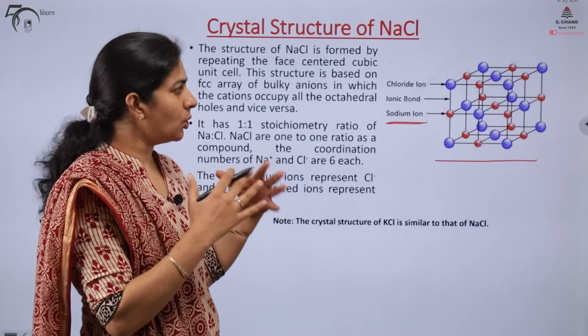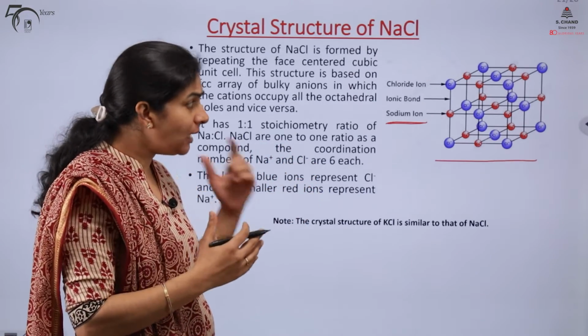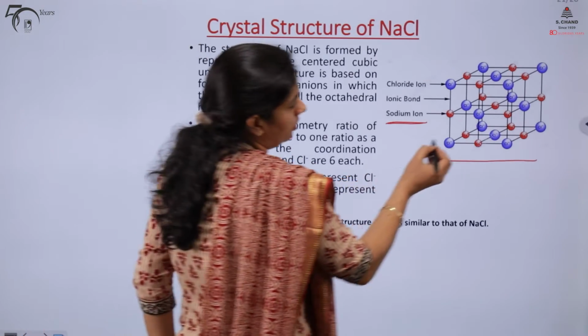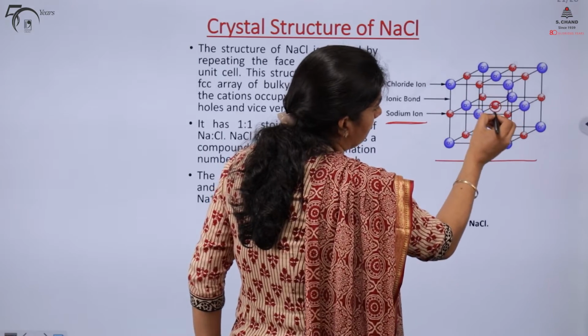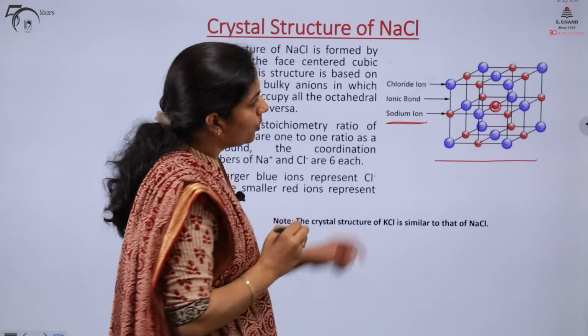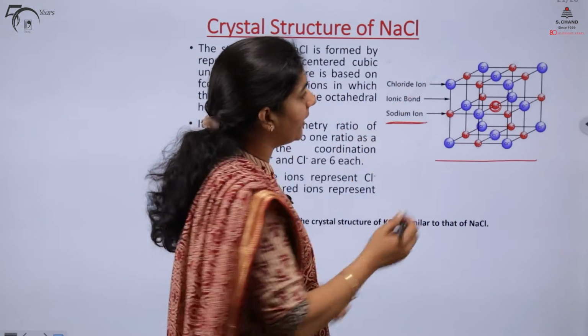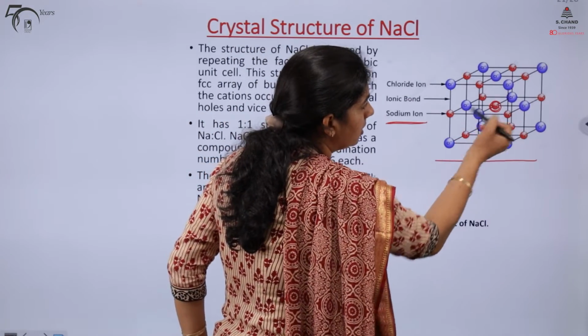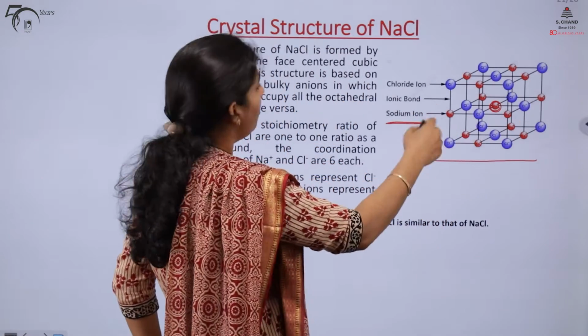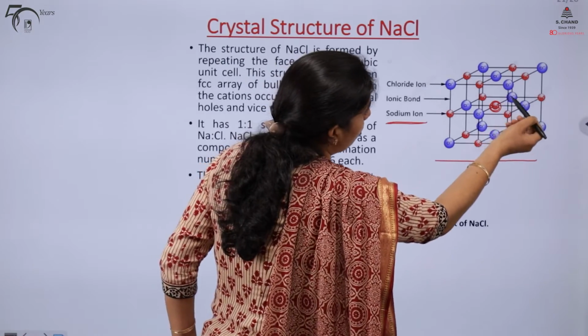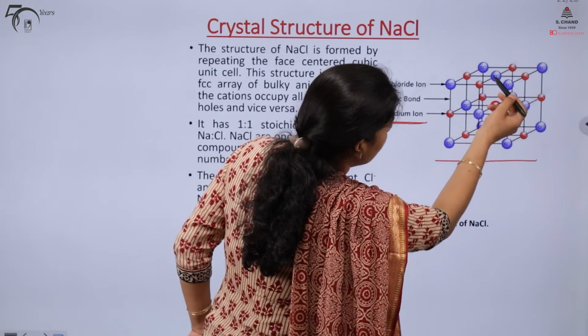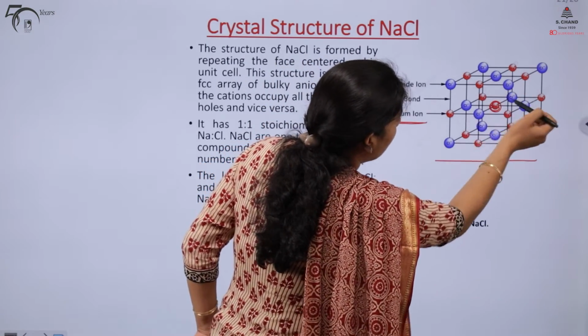We have already understood what FCC means. So here, these small circles represent the sodium ions. We can easily see that each sodium ion is surrounded by how many? It is surrounded by 1, 2, 3, 4, 5 and 6.